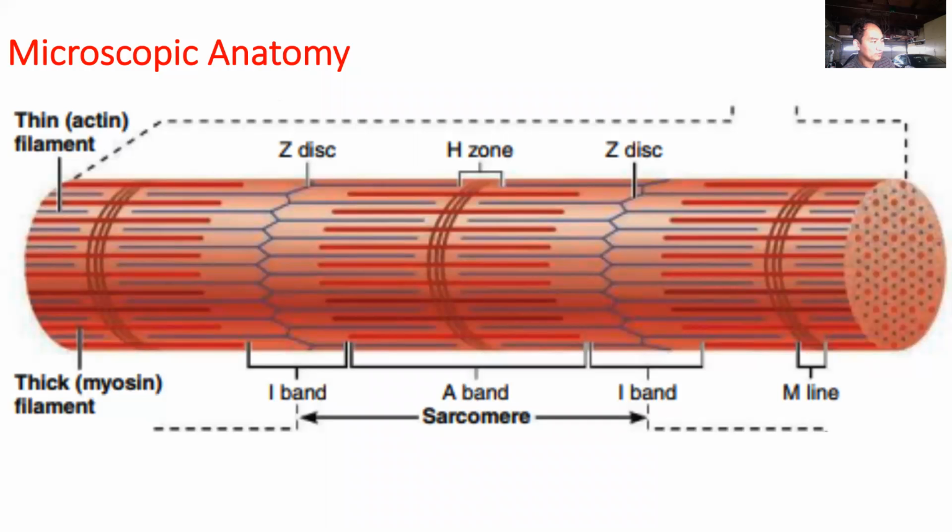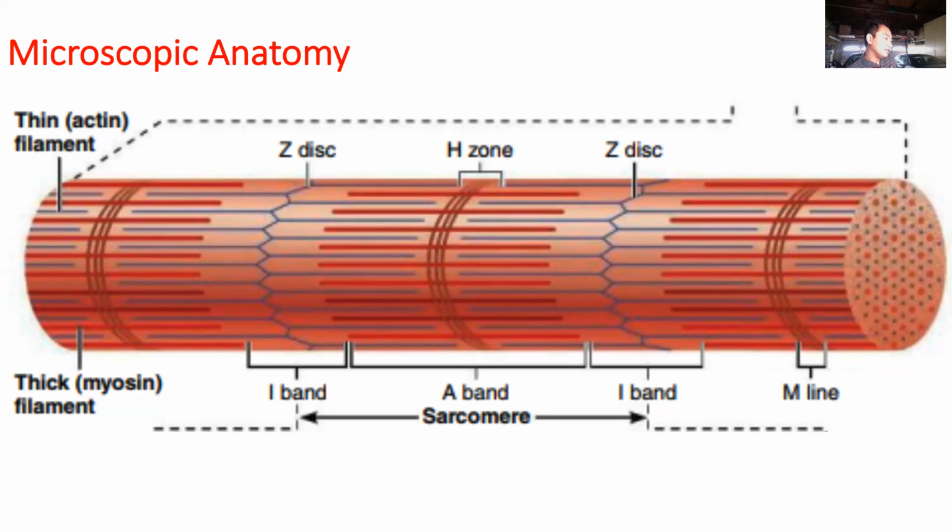Myofibrils group together into a muscle fiber. Muscle fibers group together into a muscle fascicle. Muscle fascicles group together into a muscle, which becomes an organ. So we are going to understand the microscopic anatomy, which is the basis of muscle, that is the sarcomere.